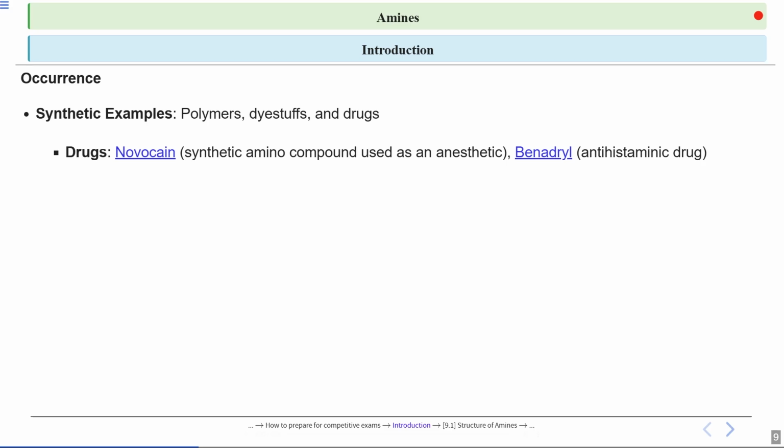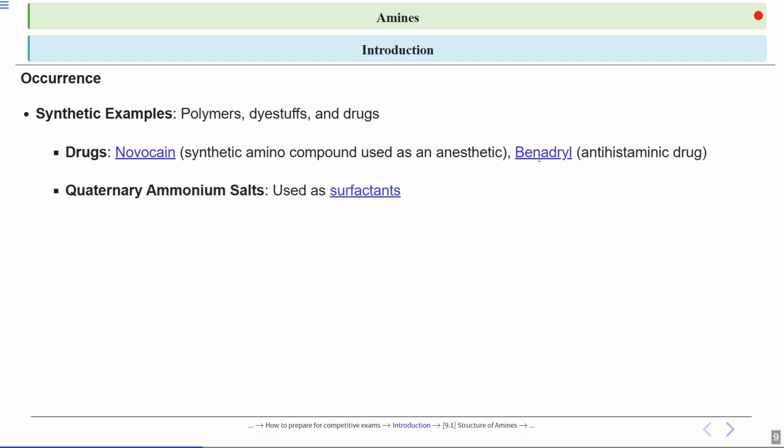It is a synthetic amino compound that is used as a local anesthetic, often in dental procedures. And Benadryl is an antihistaminic drug that helps relieve allergy symptoms. Both of these rely on the presence of the amine group for their function.